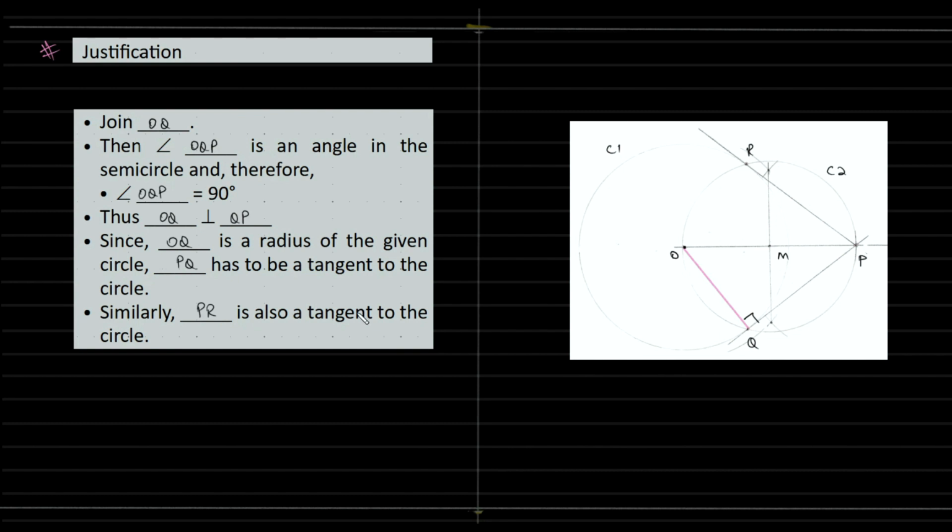Just use the original diagram and justify one of the perpendicularities, and the other one by default is proved similarly. Prove one and the other one is by default proved. Try to keep things minimal while writing, especially with construction, because construction itself takes a lot of time.